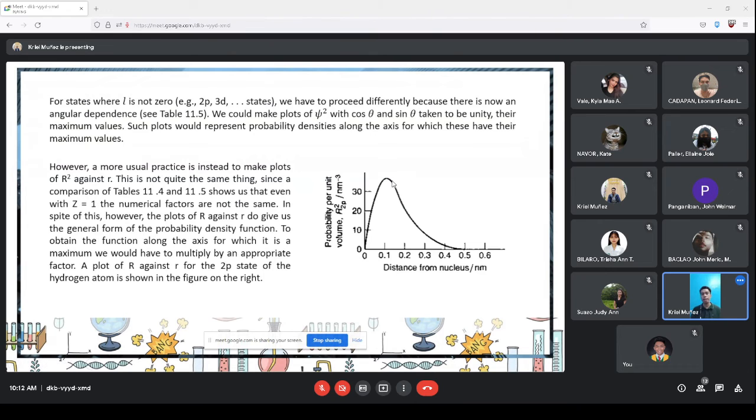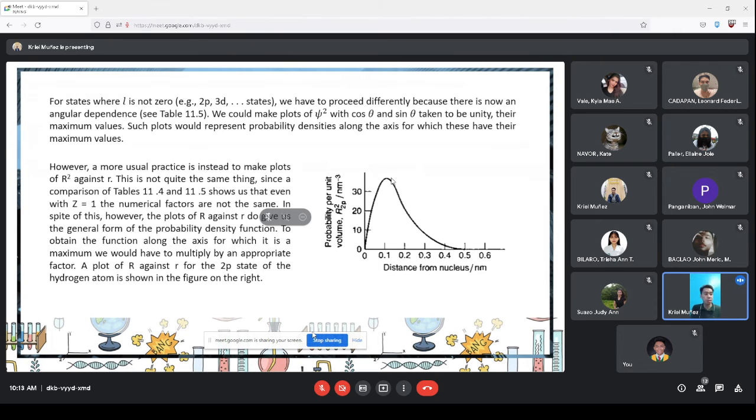For example, class, this is a pz orbital. So makikita ninyo na meron siyang maximum. But you wouldn't know na isa siyang dumbbell shape, right? Because for this one, if you're going just to look at this one, the only shape that would be given to you in 3D space class would be sphere, right?